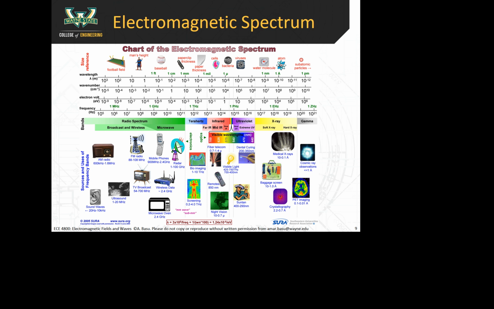It's pretty typical. 900 megahertz to 2 gigahertz is what your cell phones operate at. Wi-Fi signals in your house are around 2.4 gigahertz. When you go beyond the 2 gigahertz range and get into the 1 to 100 gigahertz range, you're talking about different types of radar used in military applications or satellite communications.